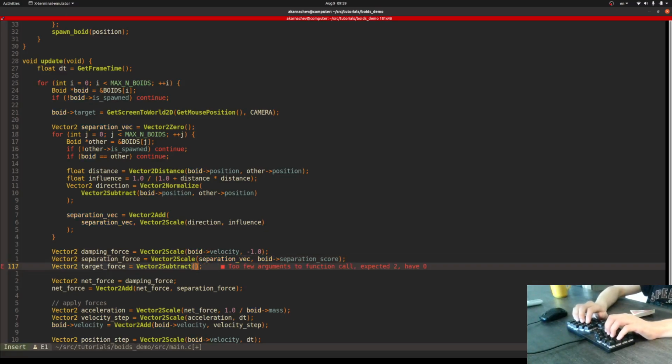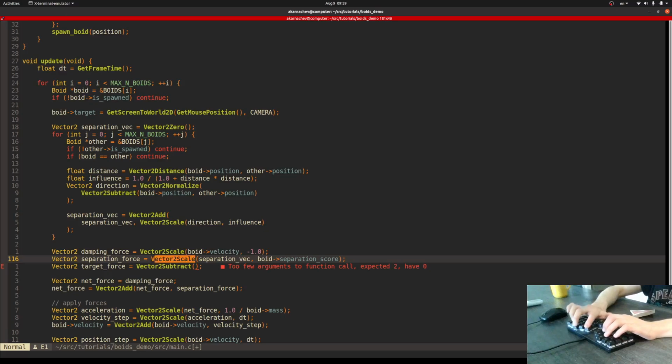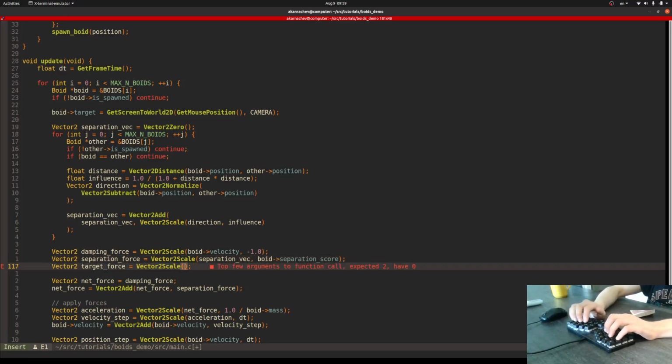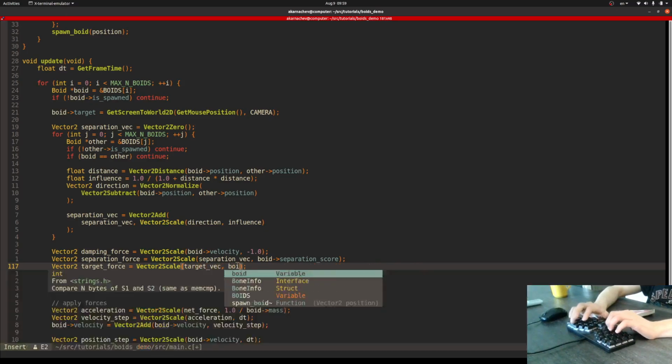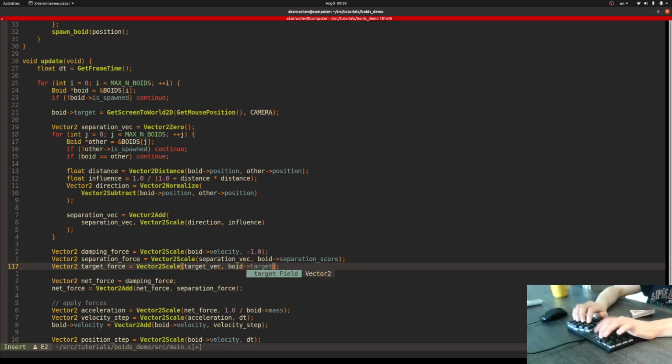Let's say target force is just a scale of the target vec, Boid target score, because eventually we want to balance all the forces, and we need some kind of coefficient to scale the force.